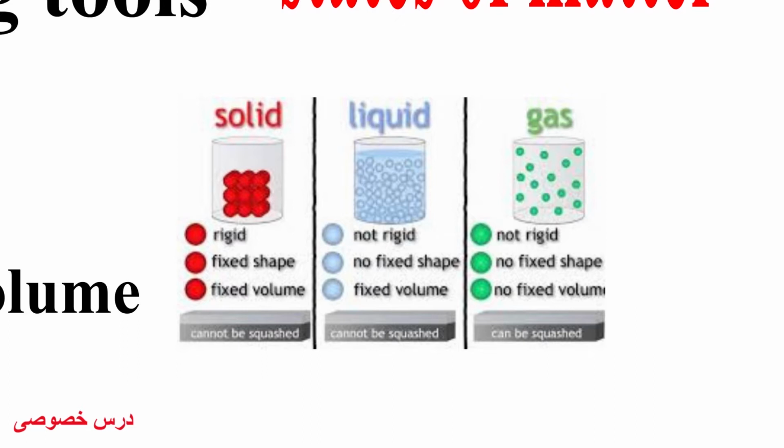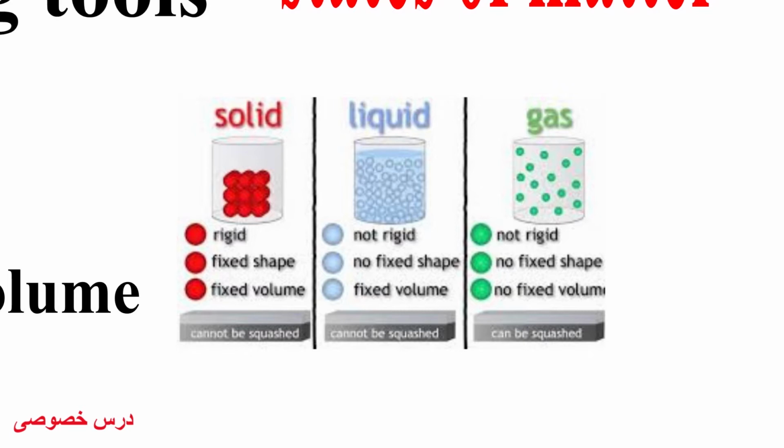Solid is anything that is hard. Definite shape and volume means that it doesn't change. At room temperature, when you move the solid from one place to another, its shape and volume will not change. So solid has definite shape and definite volume.